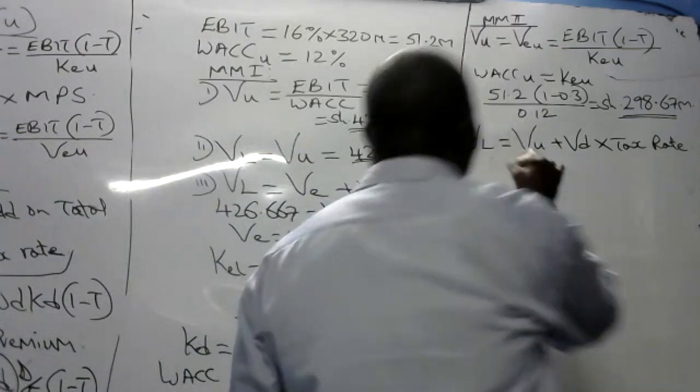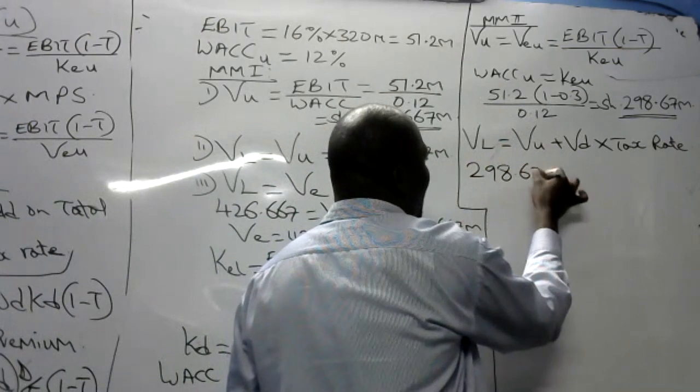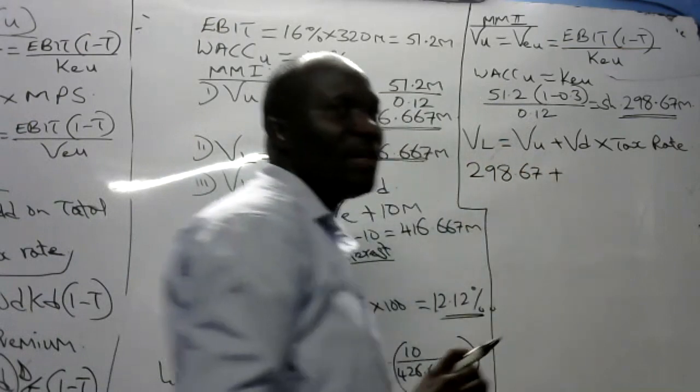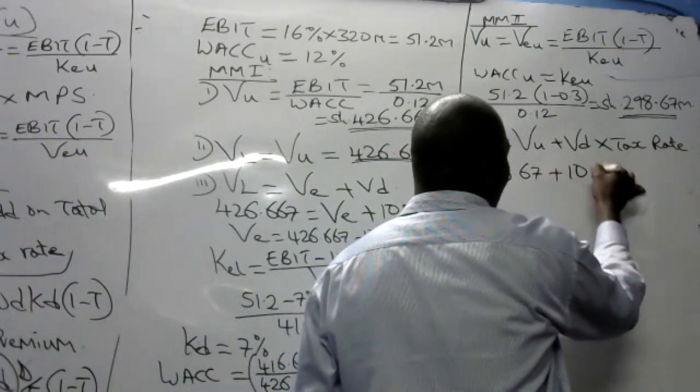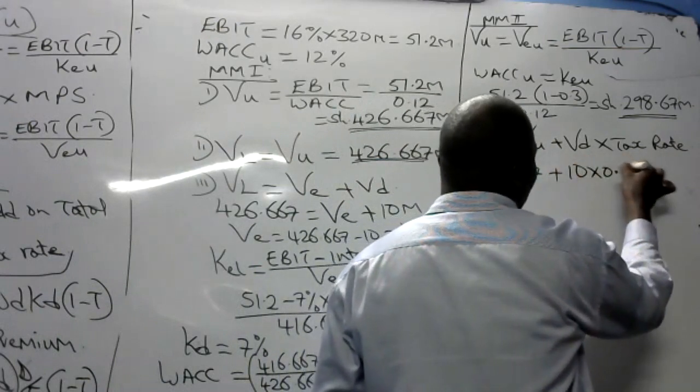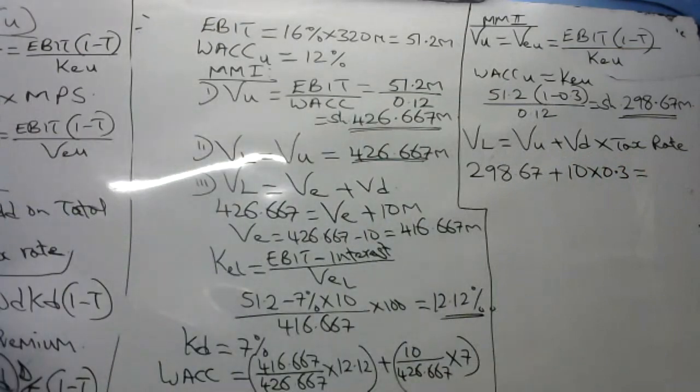So our unlevered farm is 298.67. What is the value of debt? Is it 10 million times 0.3? Kindly, it is not times 0.7. It is tax on debt, times 0.3.